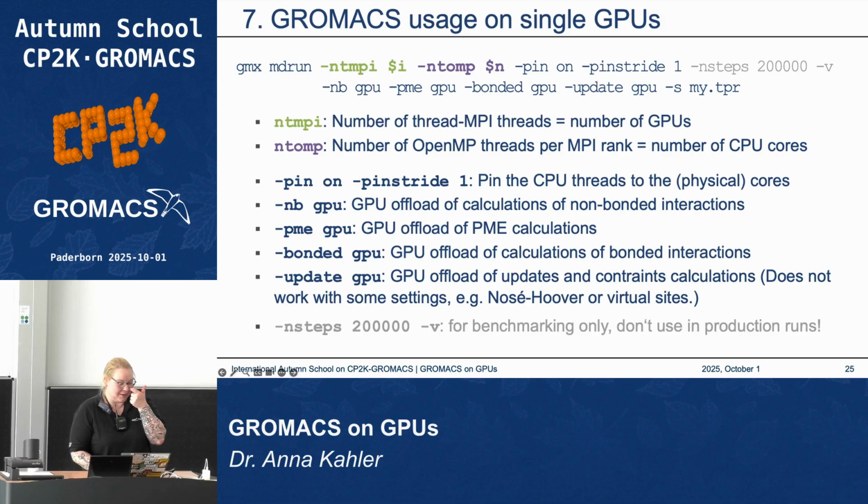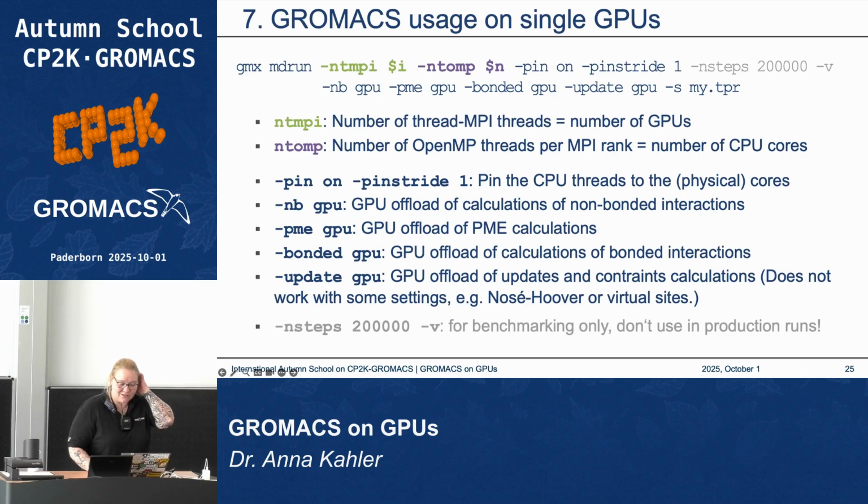Okay, so the ntmpi, the number of thread MPI threads, should be the same as the number of GPUs, which could also mean that you have a multiple of the GPUs. Because it is a rank. No, it is not a rank. Yes, it is a rank, but it's not a rank in terms of thread MPI.